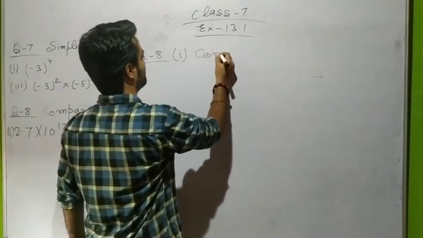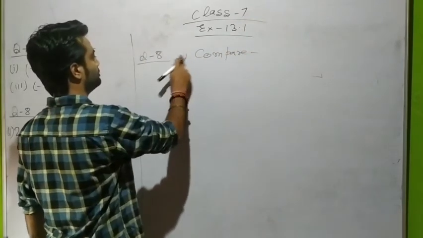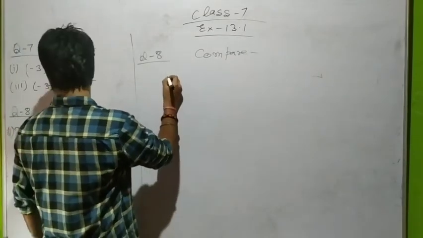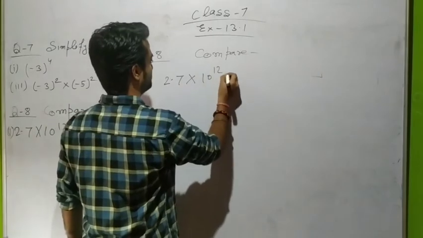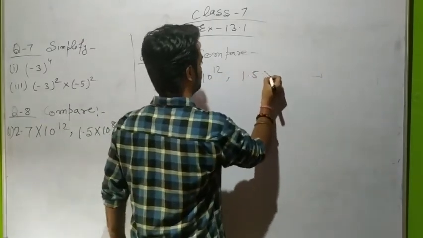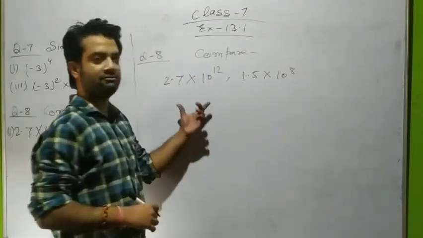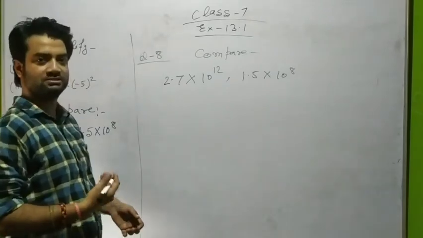Actually, we have to compare. What do we have to compare? The two numbers are given in exponential notation: 2.7 into 10 raised to the power 12 and 1.5 into 10 raised to the power 8. We have to compare these numbers and find out which is the greater number and which is the smaller number.